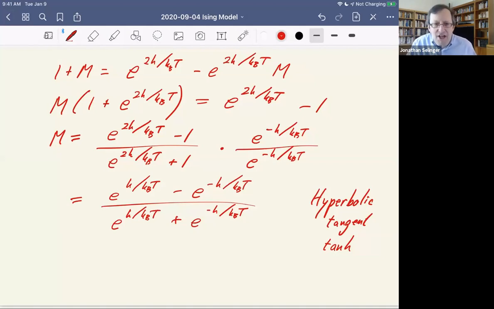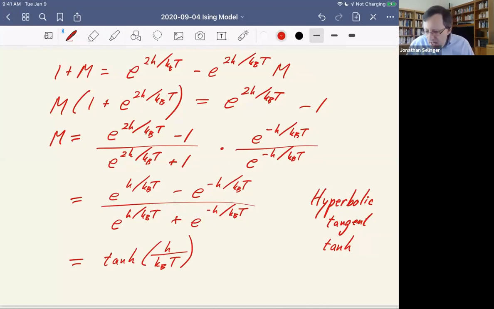Okay, so it's the family of functions like sinh and cosh for the hyperbolic sine, the hyperbolic cosine. So we then would say this is just equal to the hyperbolic tangent of h over kt, like that. So here's our answer, okay?